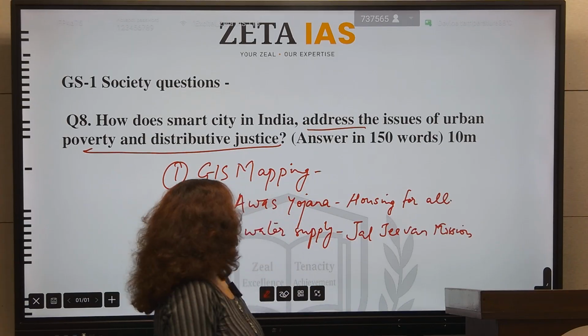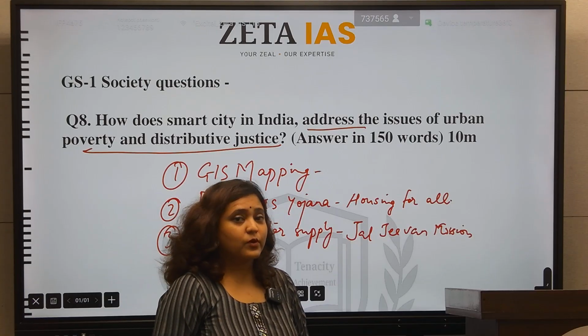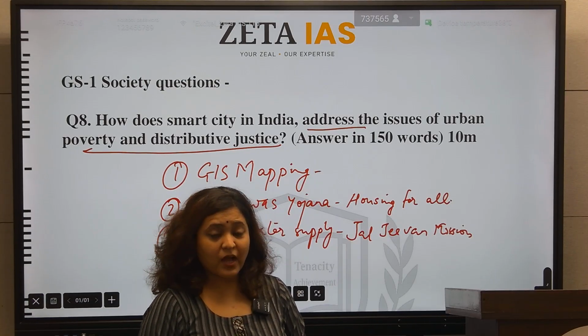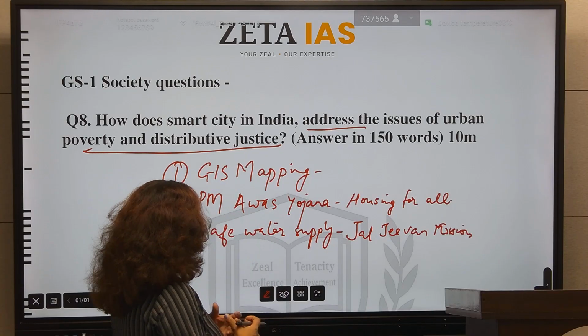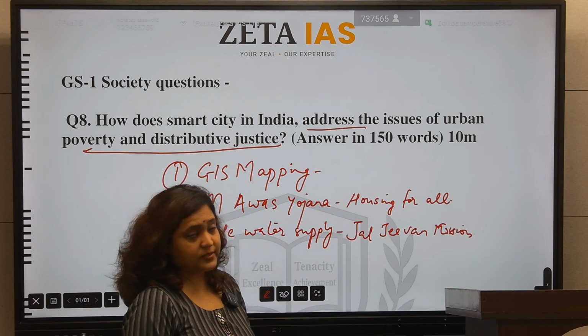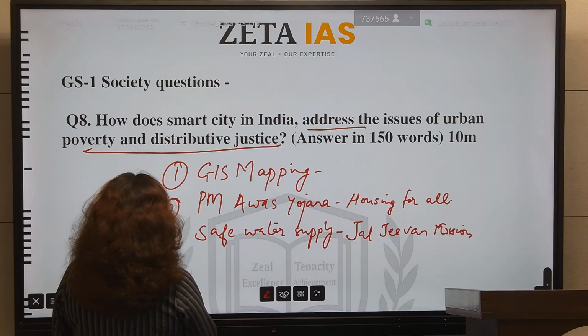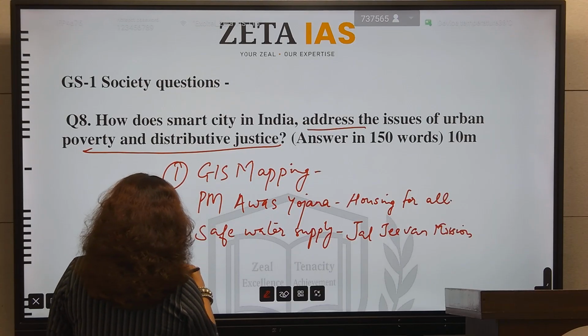And it is also one of the most basic necessities of life, to have clean drinking water and to have tap water at home, to have sanitation facilities at home. So the safe water supply in these areas will result in their inclusion and to a certain extent reduction in urban poverty.